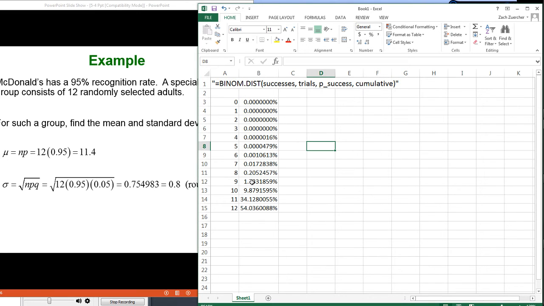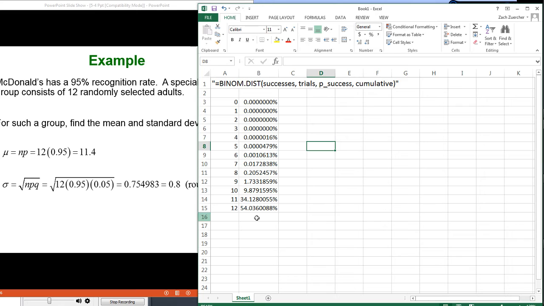That's way outside of what we would consider usual. Okay. So that gives us a look at the distribution of probabilities for the McDonald's example, where the mean is 11.4 and the standard deviation is 0.8.